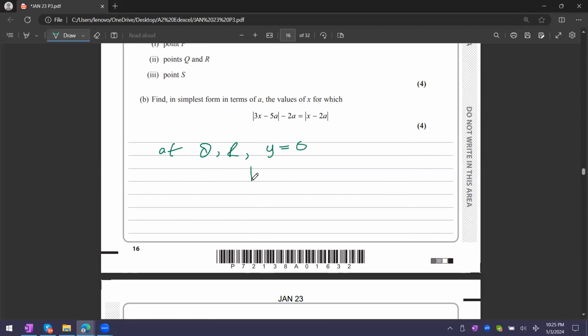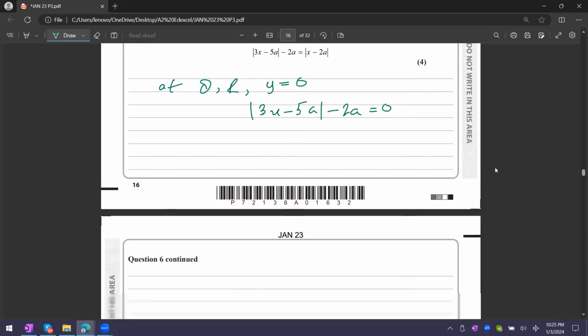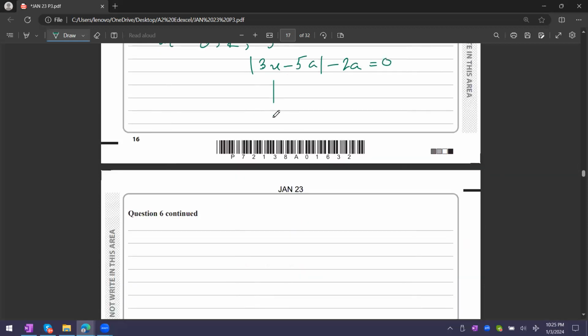That means the modulus function is equal to 0, and you can always break it into two parts. First the positive part, then the negative part. Positive part is 3x minus 5a minus 2a is equal to 0. Negative part will be negative 3x minus 5a minus 2a is equal to 0. Solve this in terms of a.